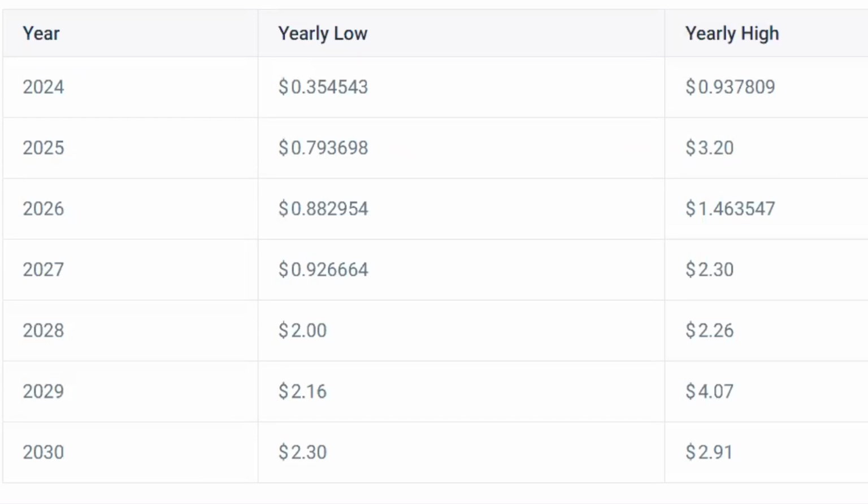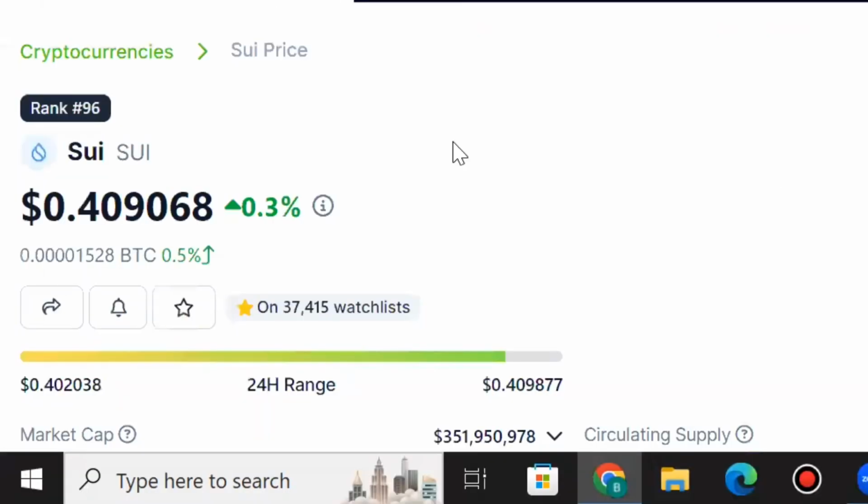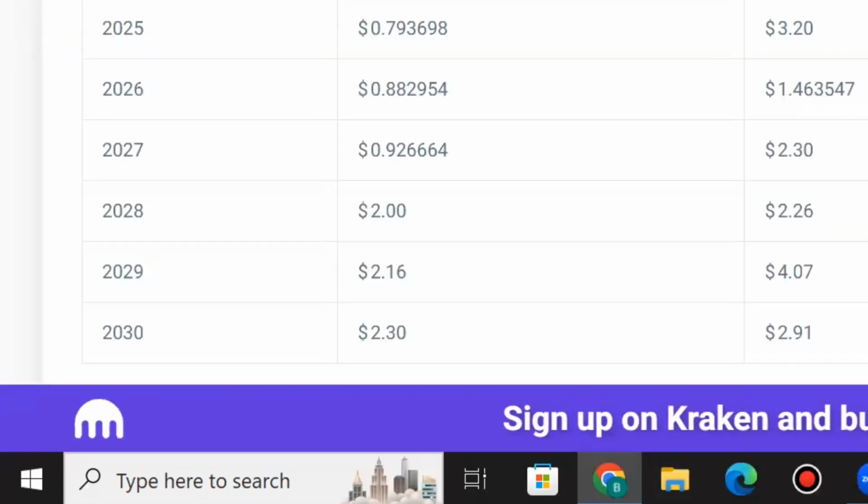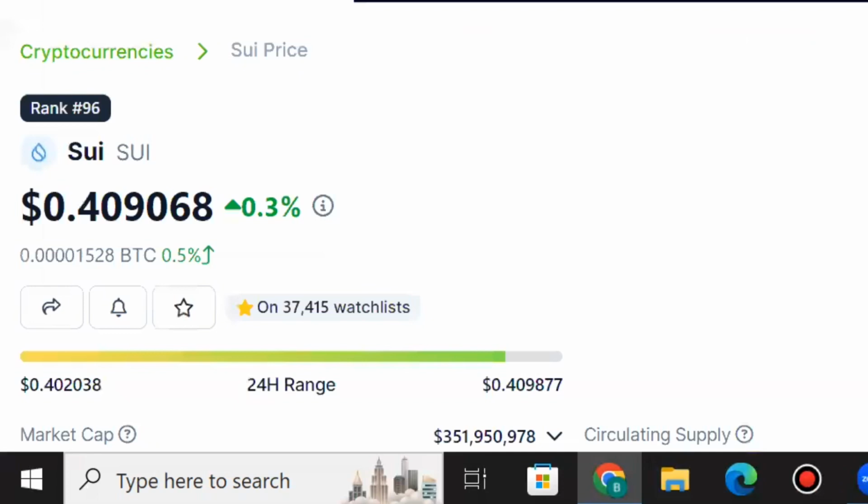The current price right now is, just call it, 41 cents, and 41 cents to $3.20 is going to be roughly an 800% gain over the next year and a half. That would be a really nice gain in an investment or trade if you completed that trade.